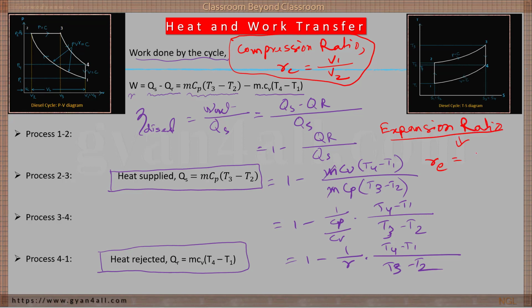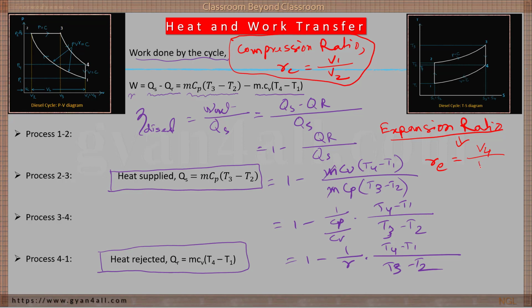Now you come to the expansion ratio: V4 by V3. Very good. The expansion ratio is for the expansion process, which is 3-4: the volume after expansion divided by the volume before expansion. It is better to think of it as higher volume divided by lower volume. What is the higher volume?